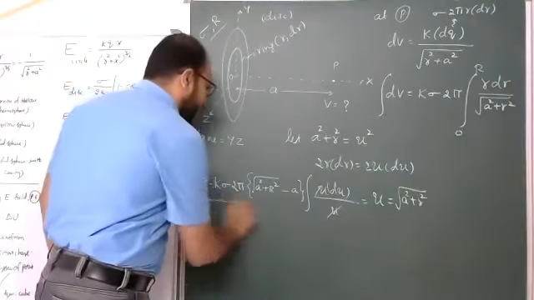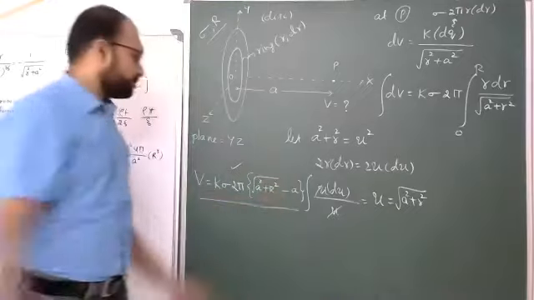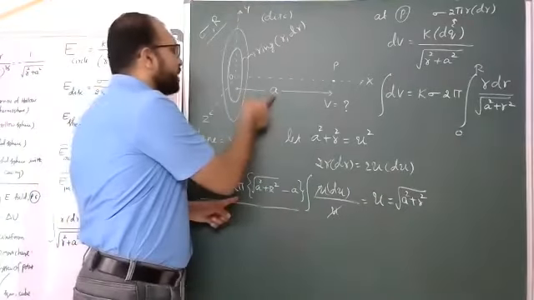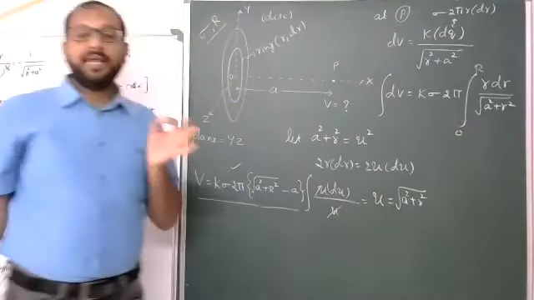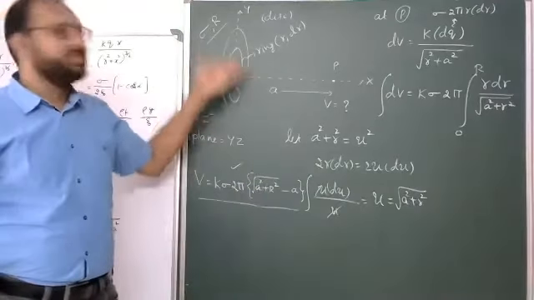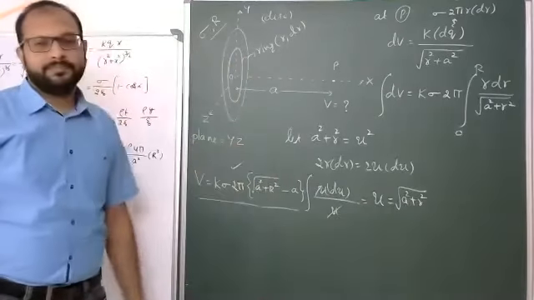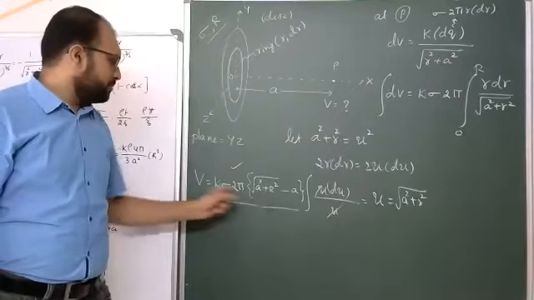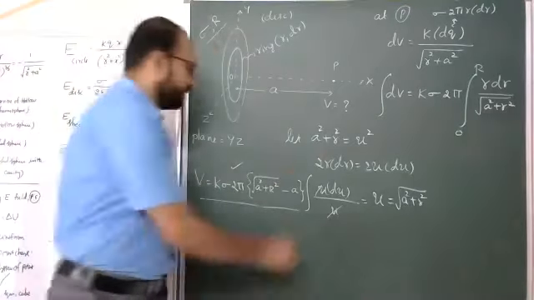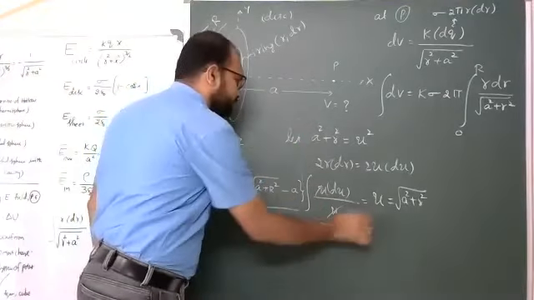Students, now this is the final answer: the potential at a distance small a on the axial line of a uniformly charged disk.